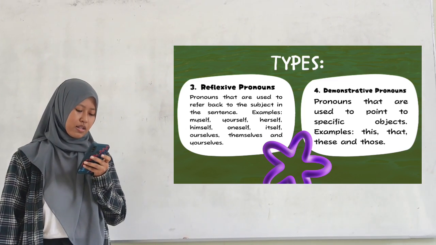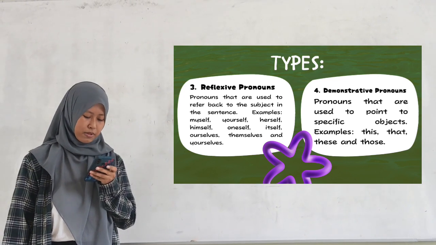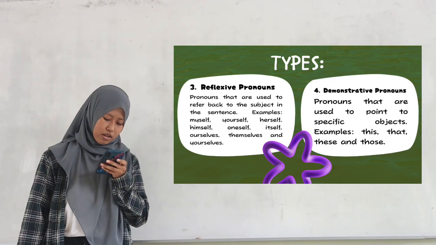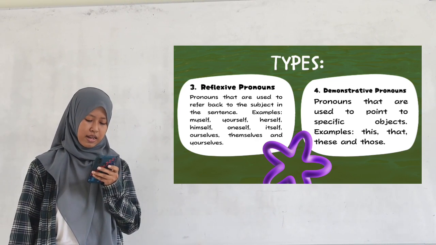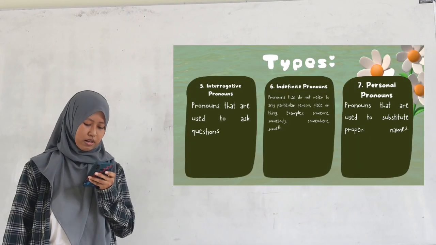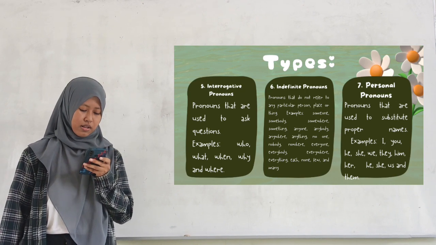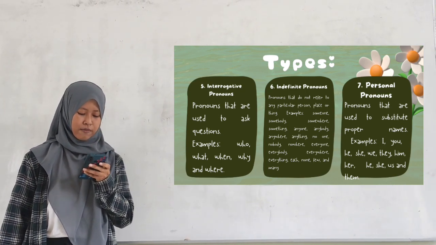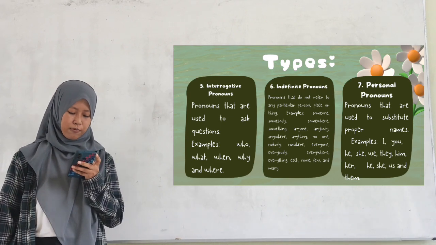The fourth one is demonstrative pronouns. They are pronouns that are used to point to a specific object. Some examples of demonstrative pronouns are this, that, these, and those. The fifth one, interrogative pronouns are pronouns that are used to ask questions. Some examples are who, what, when, why, and where.